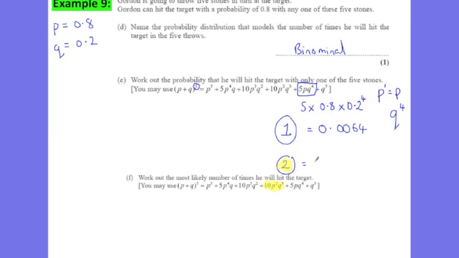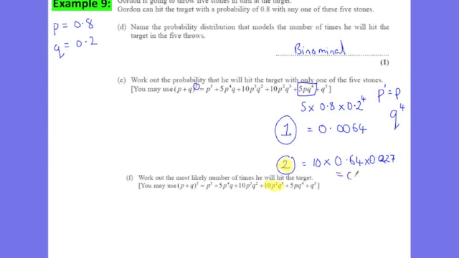Substituting in our values, we must multiply 10 multiplied by 0.8 squared, which is 0.64, multiplied by 0.2 to the power 3, which gives us 0.008.